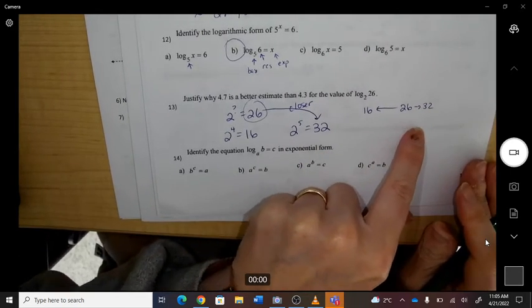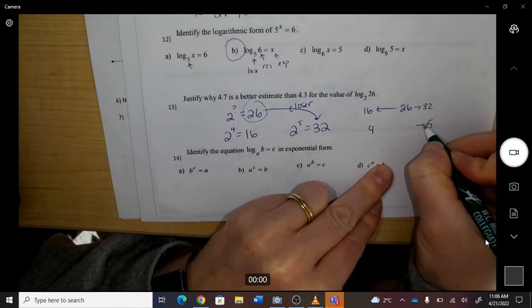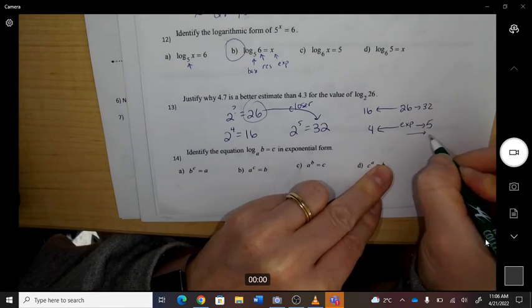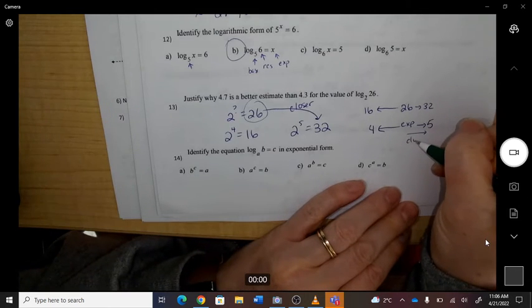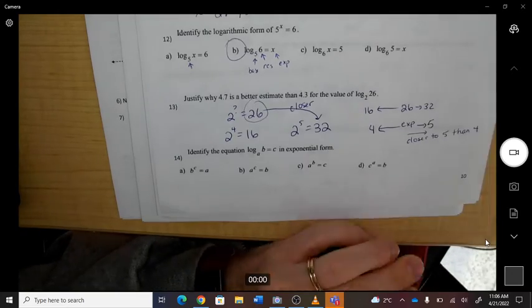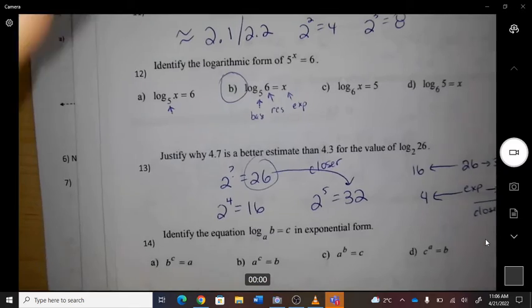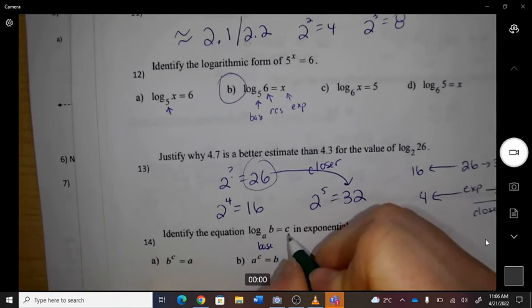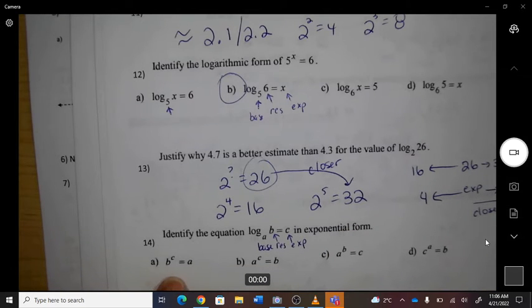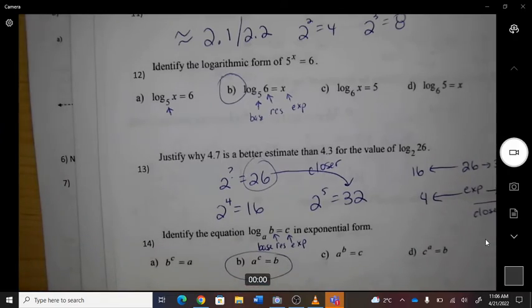So the exponent should be closer to 5. Change to exponential form. So base, this is exponent and the result. So I need a base of A, exponent, result.